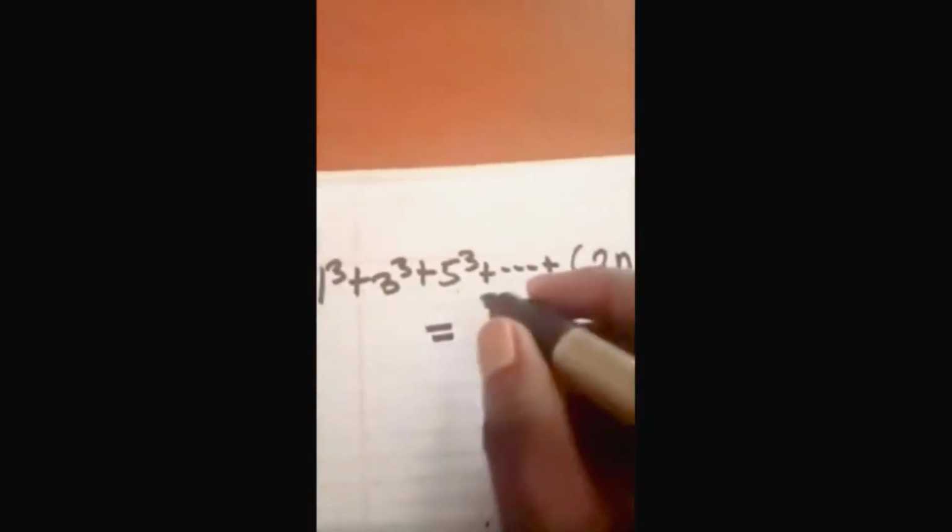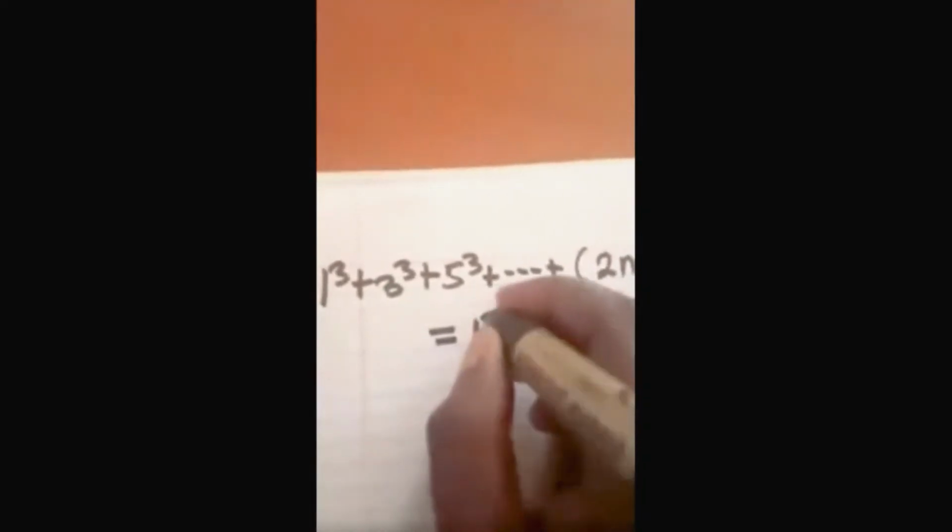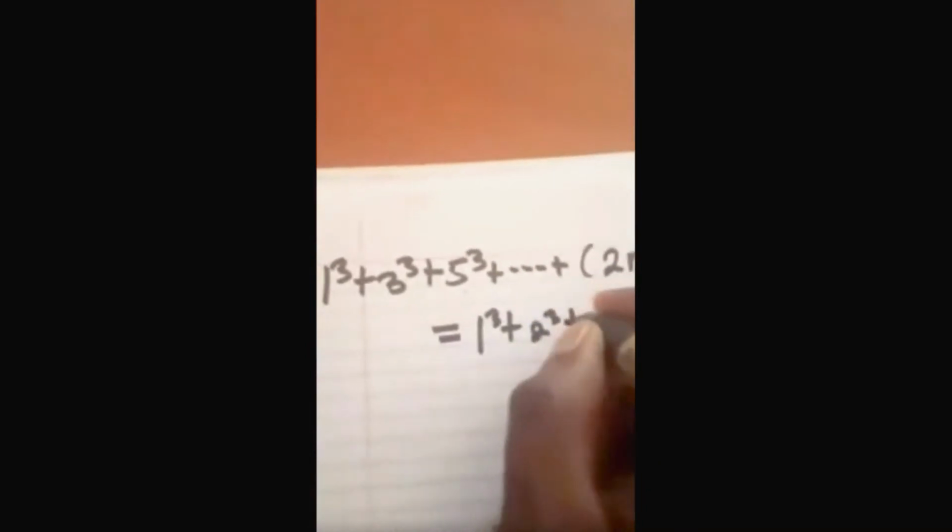It implies that if I have 1 cubed plus 3 cubed plus 5 cubed plus up to (2n plus 1) cubed, I will get the sum of all n, which is 1 cubed plus 2 cubed plus up to (2n plus 1) cubed. I'll move until I find this value here.